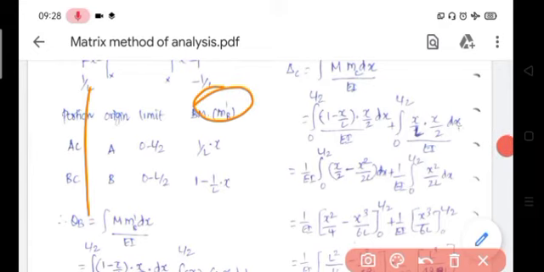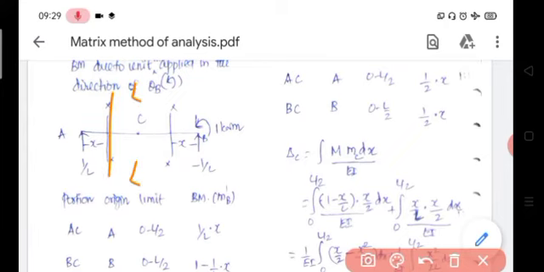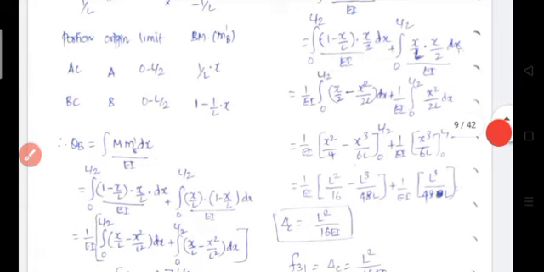For this you have to make a table like this: portion, origin, limit, bending moment. First consider the AC portion. The origin is A, the limit is 0 to L by 2, and the bending moment is equal to 1 by L into x. Then again for the BC portion, the bending moment is equal to minus 1 by L into x. Then theta B is equal to integration of M m dash dx divided by EI.